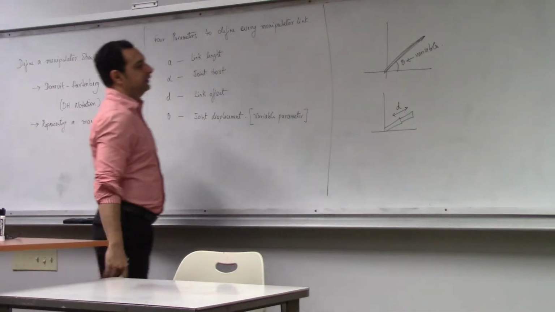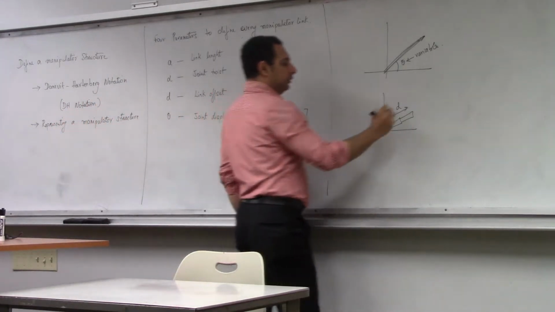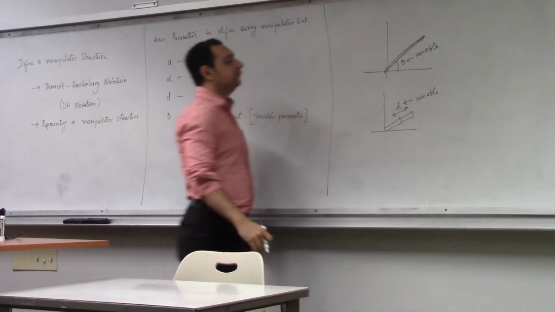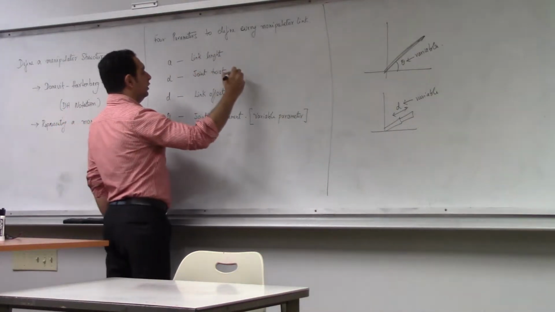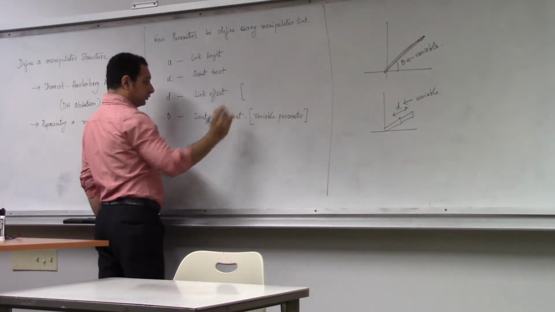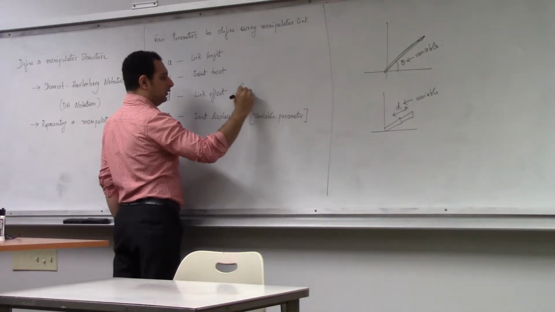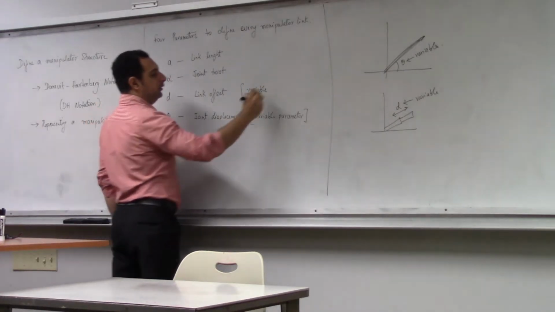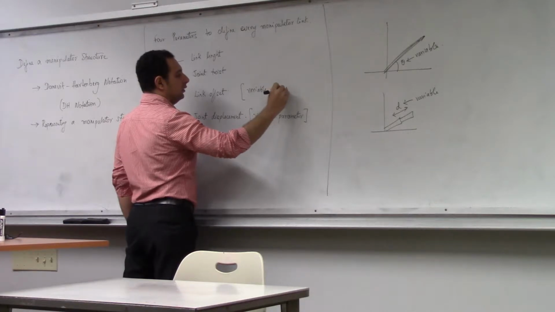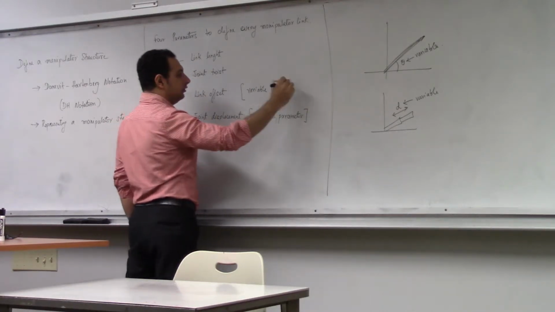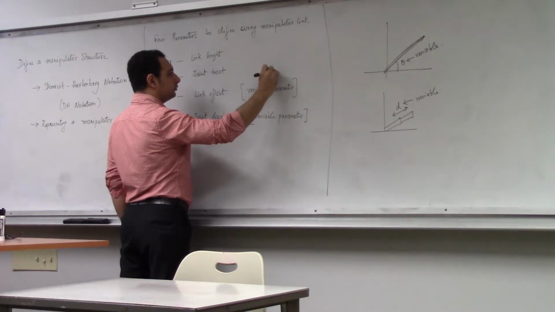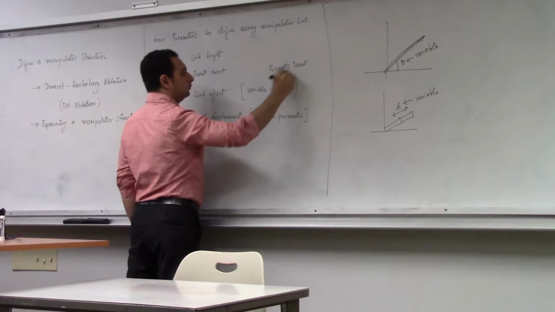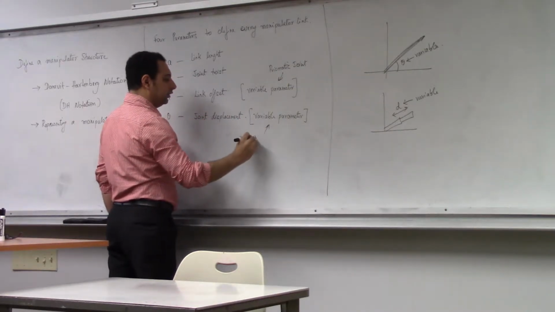So this is your joint displacement. In this case, d is variable. This is a linear displacement, so in this case the link offset will be a variable parameter. This is in the case of a prismatic joint, and the earlier one is in the case of a revolute joint.